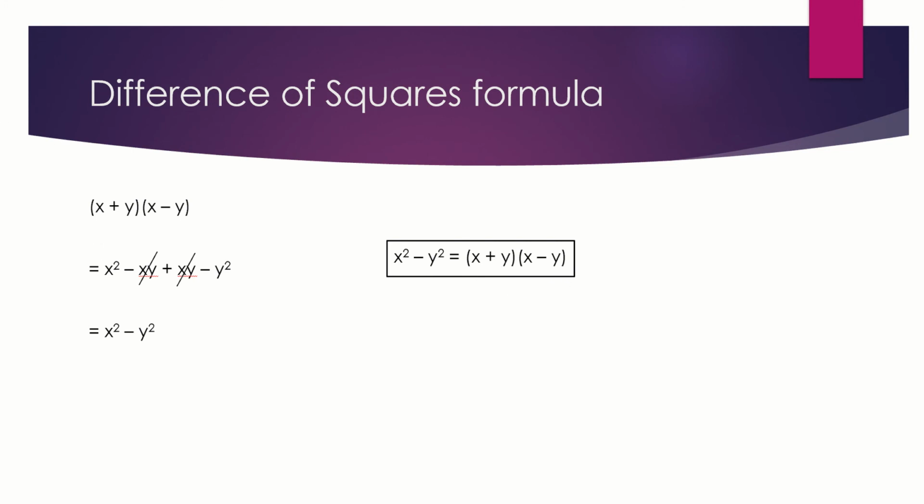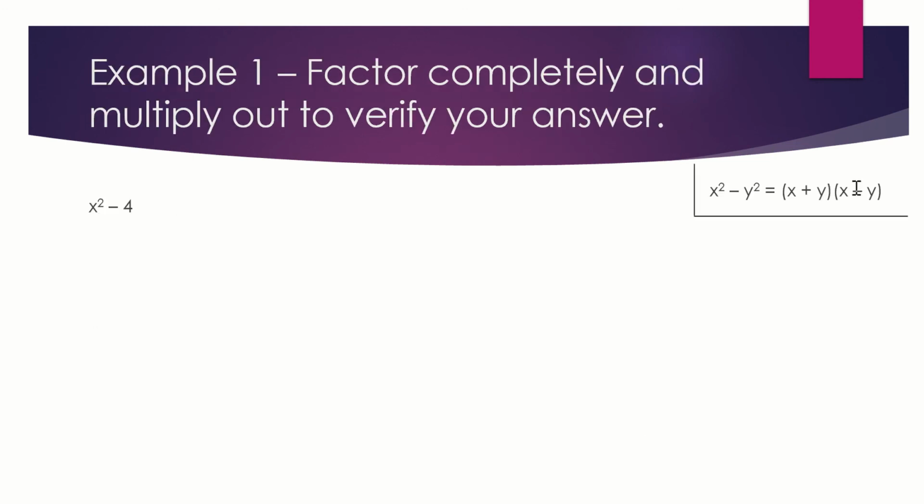Okay, so let's do a few problems with using this formula to factor the difference of squares. I'll leave the formula right here on the corner of the screen as we work through some examples. Here we're asked to factor this completely and to multiply out to verify the answer. So here you have x squared minus 4, right? The first thing that we want to do is rewrite this as the difference of squares. Here this says x squared, so we're good to go.